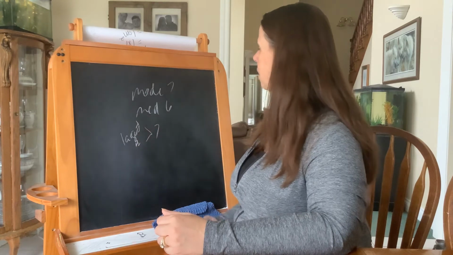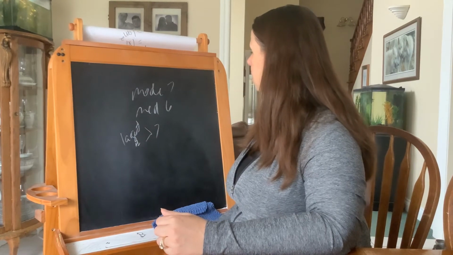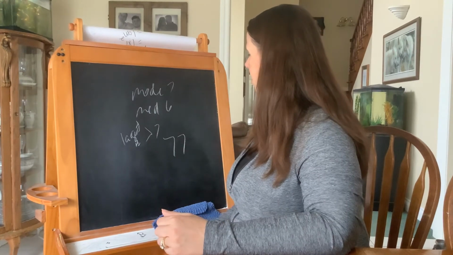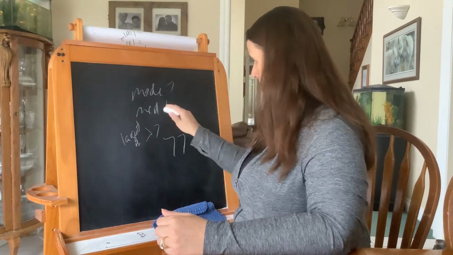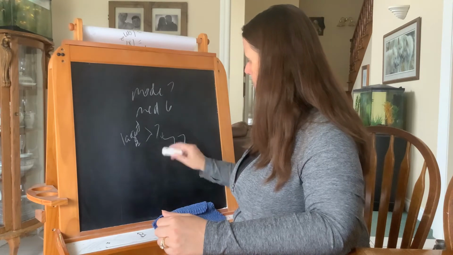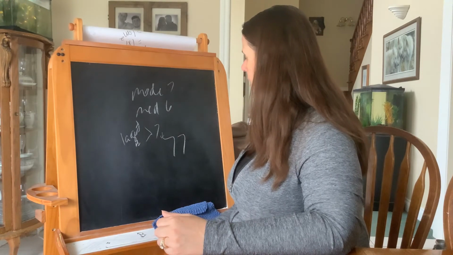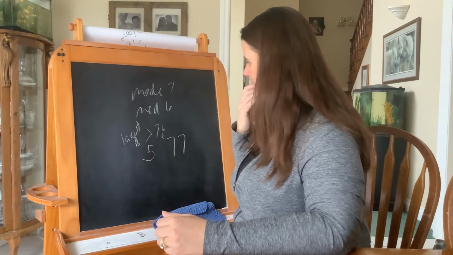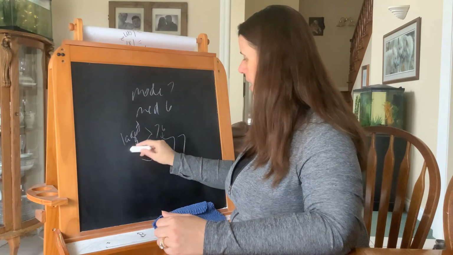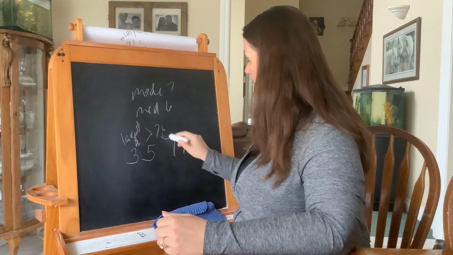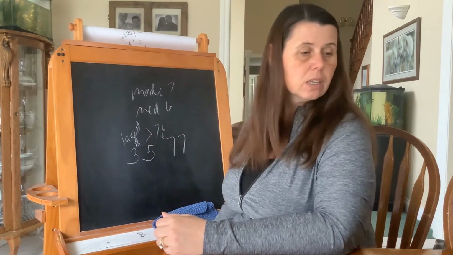Okay, so let's see. We need a mode of 7, which means we need at least 2 7s. A median of 6, so that means that 6 has to fit in there somewhere. So let's go with 5 again, because we know that makes a median of 6, and then whatever number you want down there, right? So that means we've got a mode of 7, a median of 6.